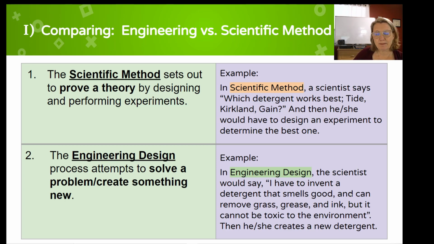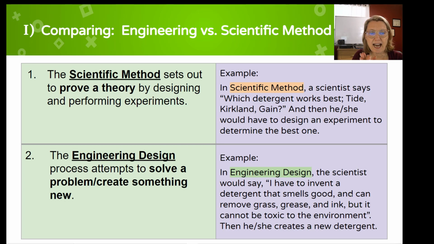So scientific method is, just like I said earlier, that the scientist sets out to prove a theory by designing some experiments that have well thought out variables, and they are careful to make sure that they have a control and that they have a valid experiment, all those things that we talked about in the last class.